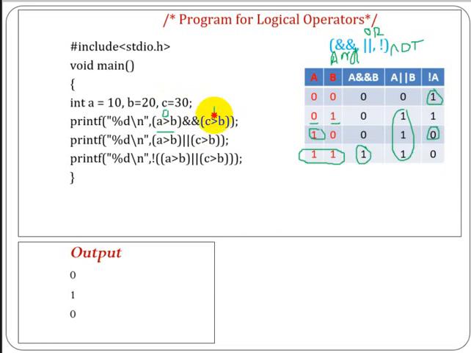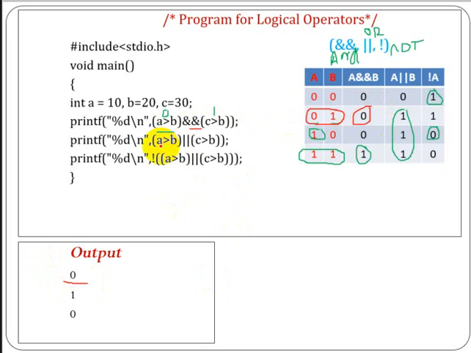Yes, this will return me 1. So now 0 and 1. What is 0 and 1? Now we are doing the AND operation. So it will return me 0. So you can see the output is also 0.